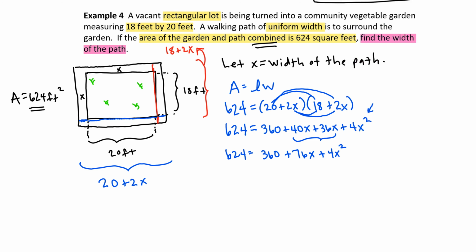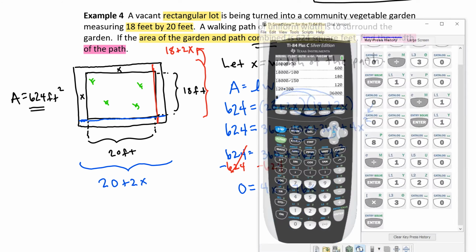So we want to subtract 624 from both sides, and I'm going to combine it over there with the constant term. So we end up with 0 equals, and when I combine these constants, I'm also going to put this in descending order. That means I want to start with the highest power first, and then the next lowest, and then we'll combine our constants.